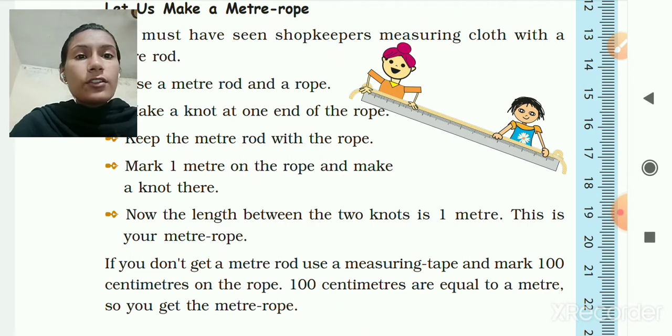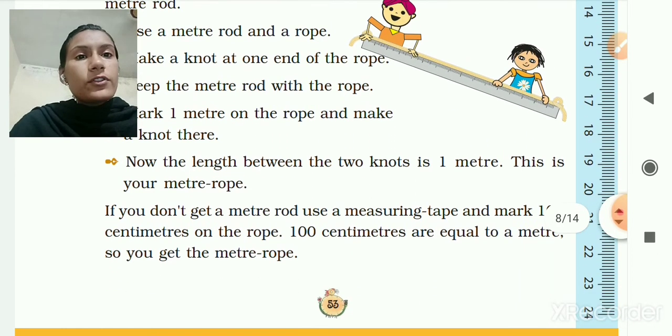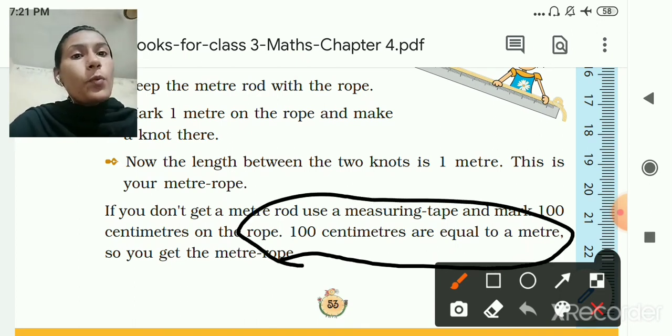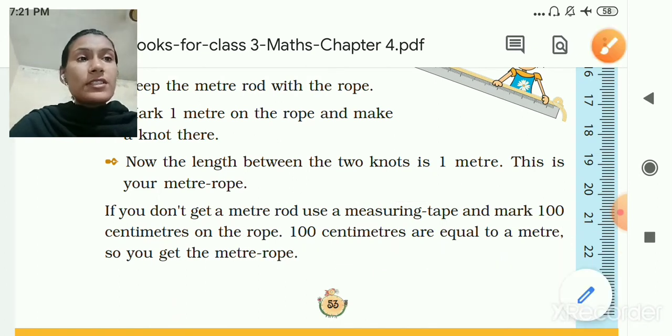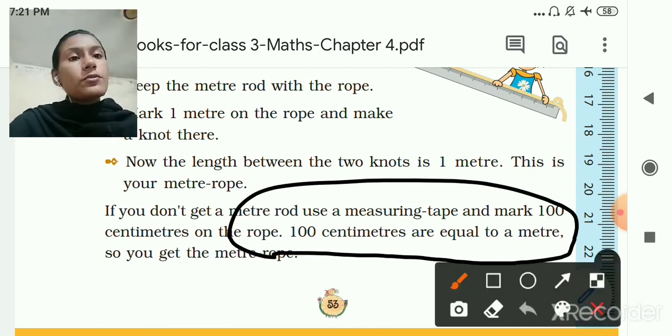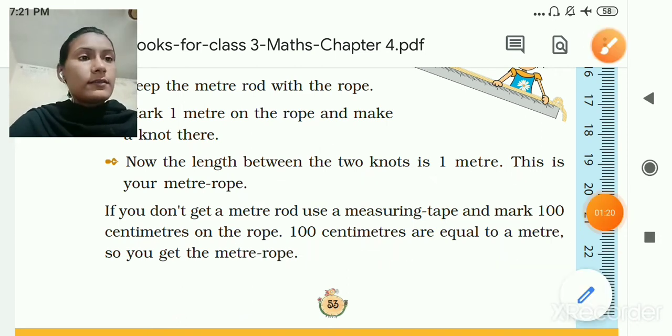So this is your meter rope. If you don't get a meter rod, use a scale and mark 100 centimeters on the rope. So 100 centimeters are equal to 1 meter, and you get the meter rope. Just remember, 1 meter is equal to 100 centimeters.